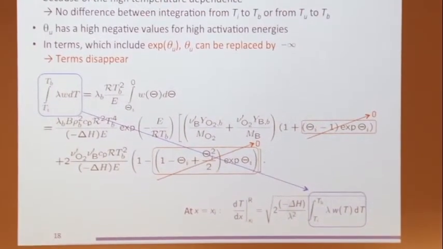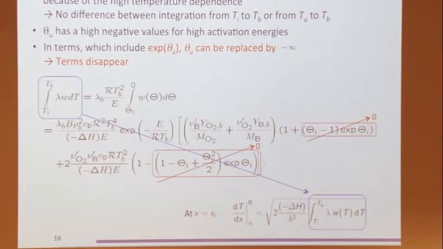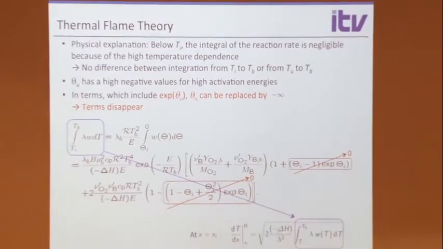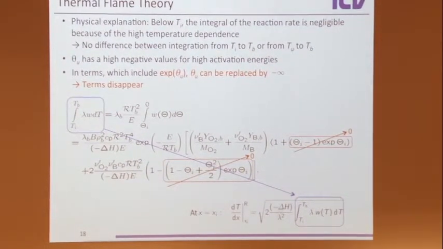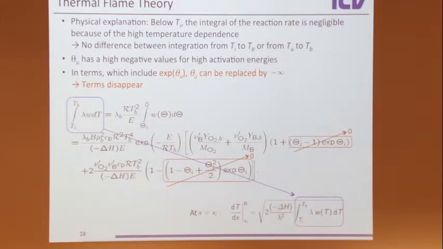Below theta_I, or let's say the source term evaluated at T_I is very small anyway. And if I replace it by the source term evaluated at T_U, it is basically the same thing. It is very small.